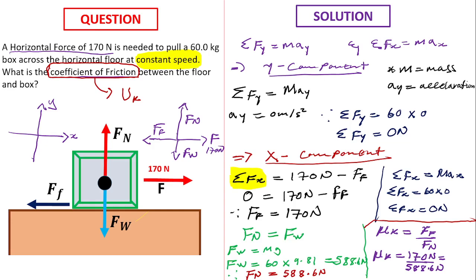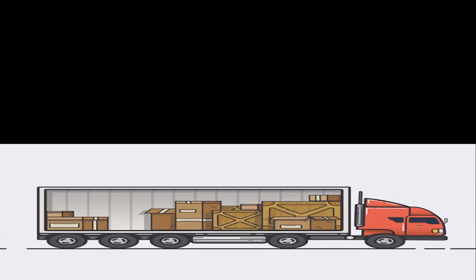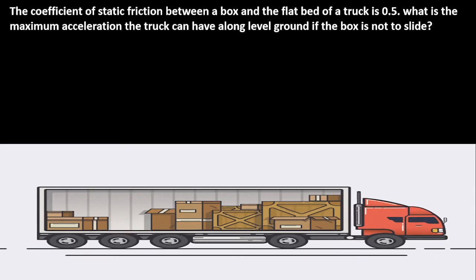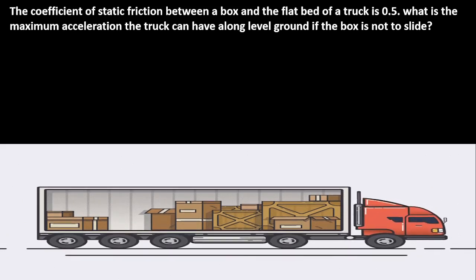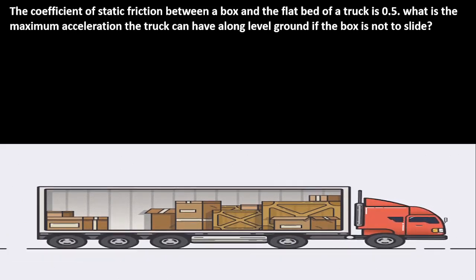Okay, let's move on and look at the next question. The coefficient of static friction between a box and the flat bed of a truck is 0.5. What is the maximum acceleration the truck can have along level ground if the box is not to slide?